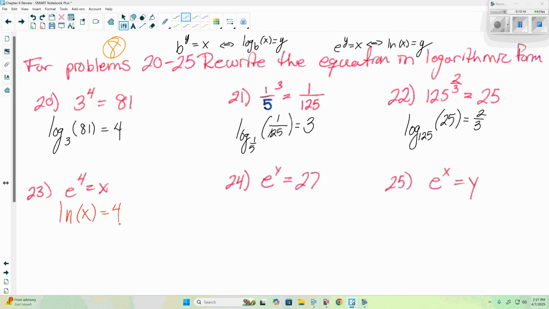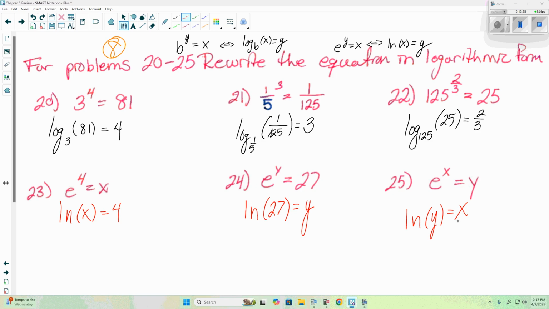Yeah, it makes more sense because natural log feels like it should be L, not LN. I still don't know why they flipped it. 24, e to the y equals 27. Natural log of 27 is equal to y. 25, e to the y equals x. Almost. Natural log of x equals y. Yep.